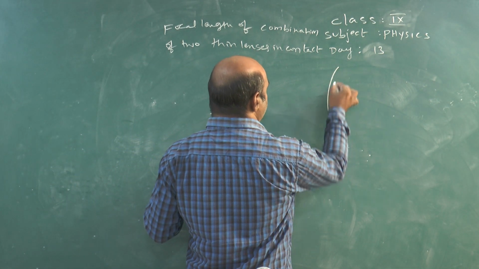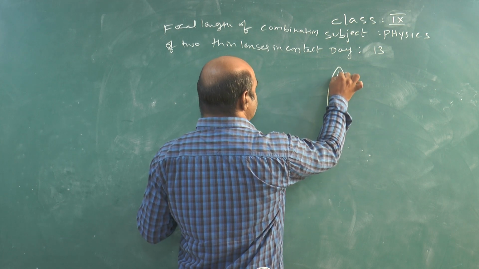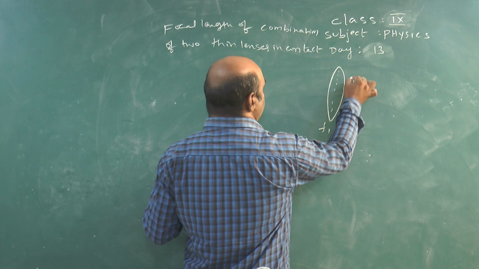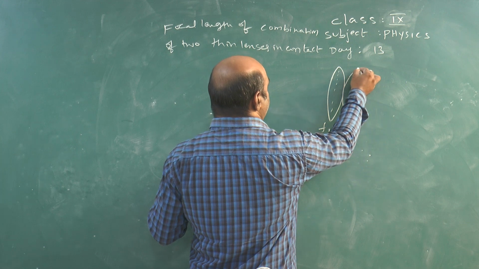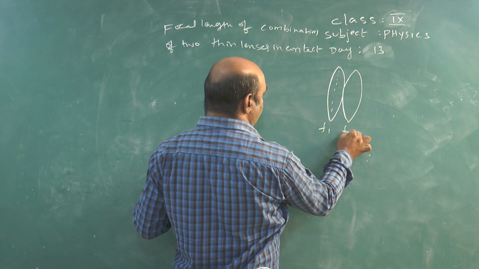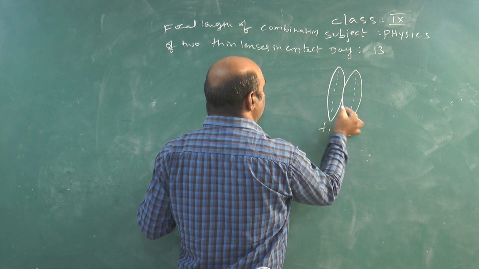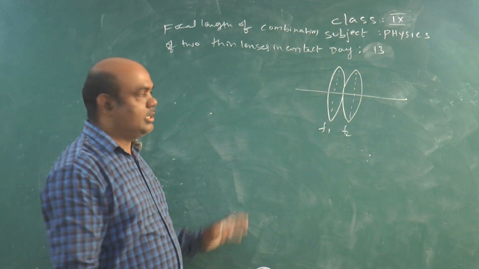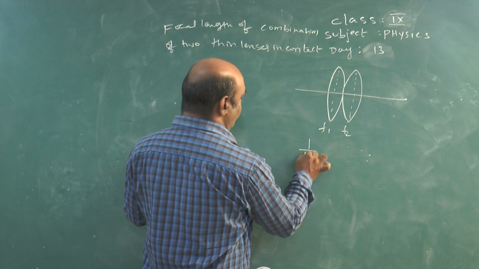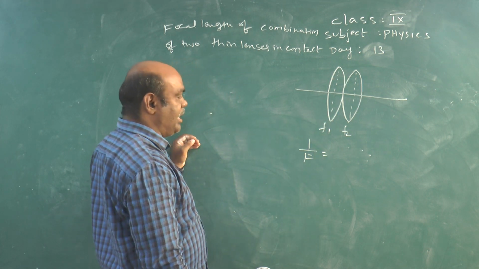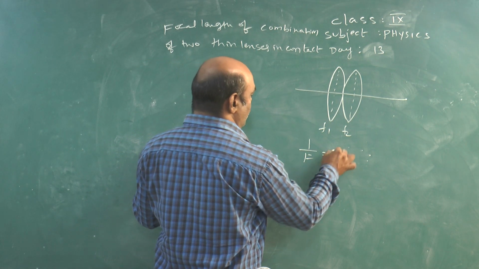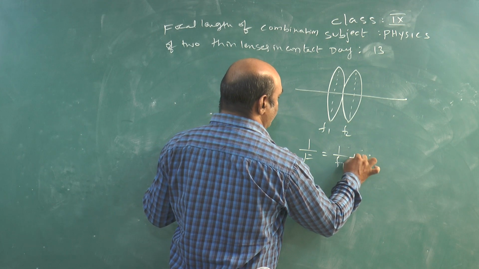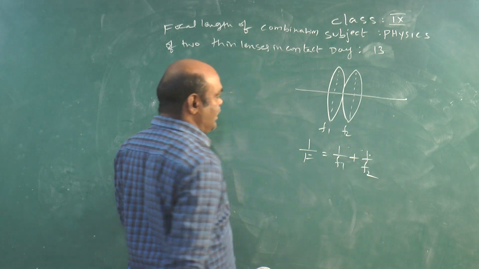For example, if you consider a convex lens of focal length f1 and another convex lens of focal length f2, which are in contact, then the resultant or combined focal length formula is 1 by F equal to 1 by f1 plus 1 by f2.